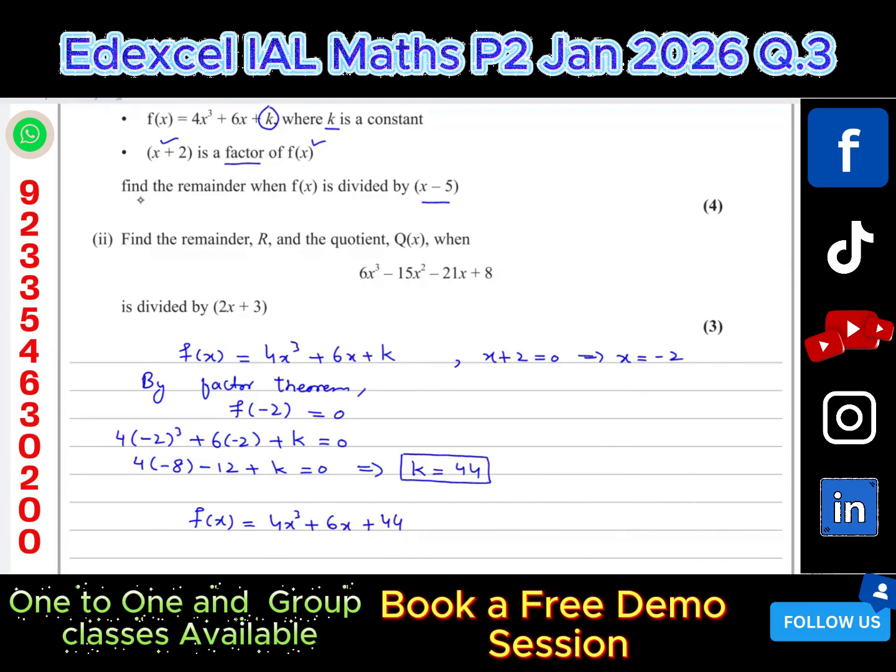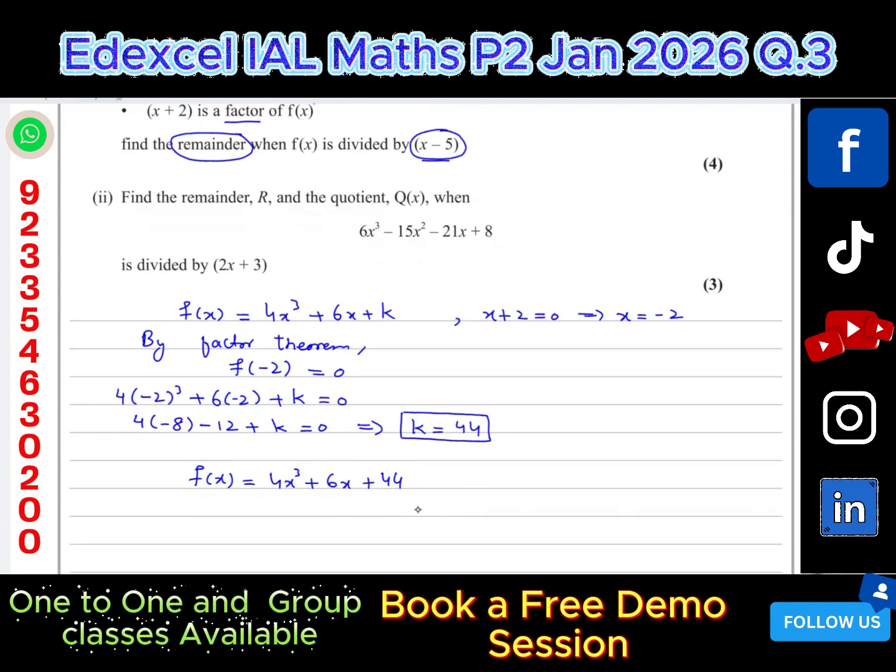The question is find the remainder. We have to calculate the remainder when this polynomial is divided by x minus 5. Put x minus 5 is equal to 0 to get x is equal to 5.